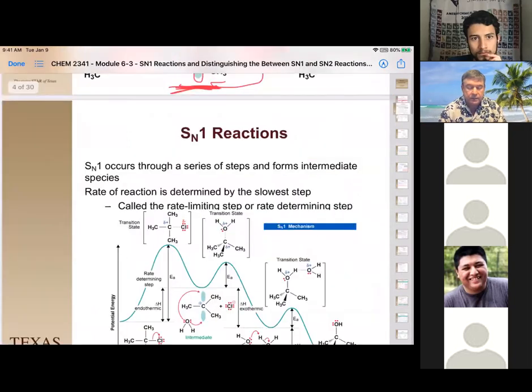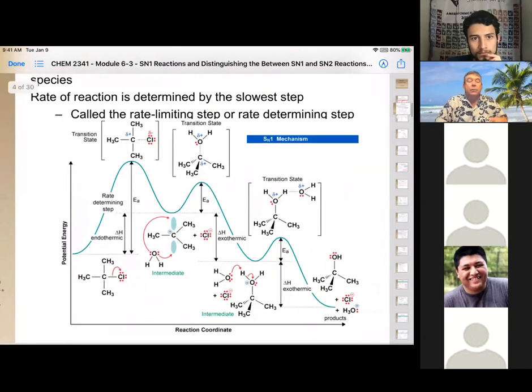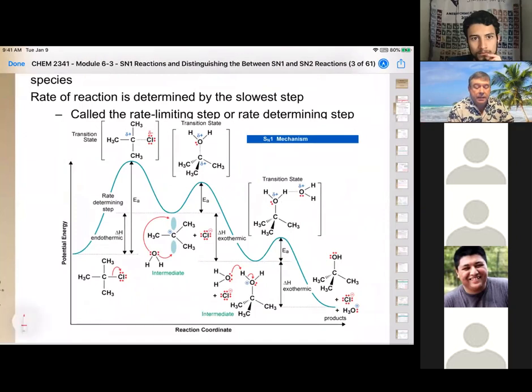Okay, so let's look at the reaction diagram associated with that. The first step in our reaction diagram is we have to have enough energy to break that bond first. So our transition state is not the making and breaking of a bond at the same time, it's actually just the breaking of this bond. And in the breaking of that bond, we start to polarize it right there, and then we have enough heat that it completely breaks apart, giving us our intermediate.